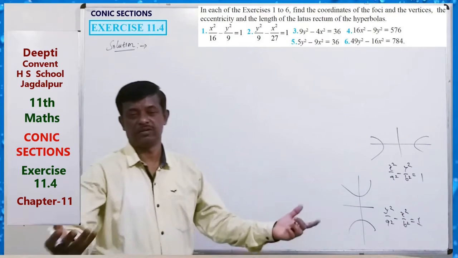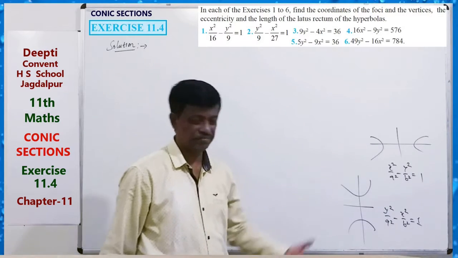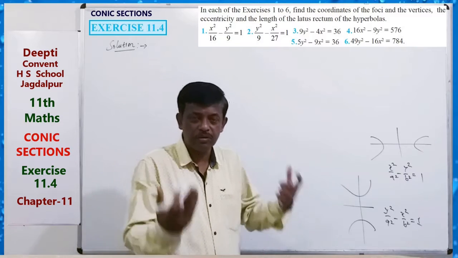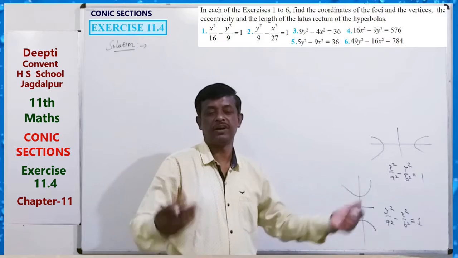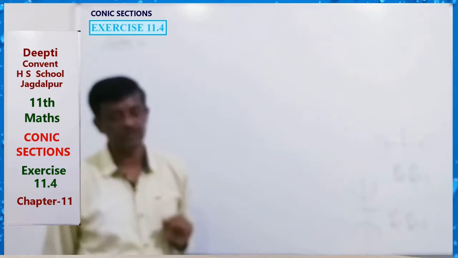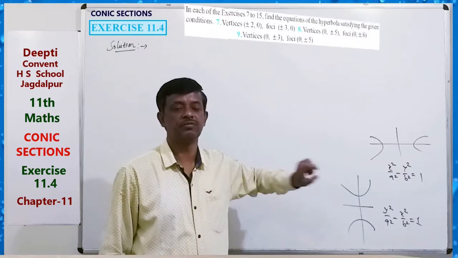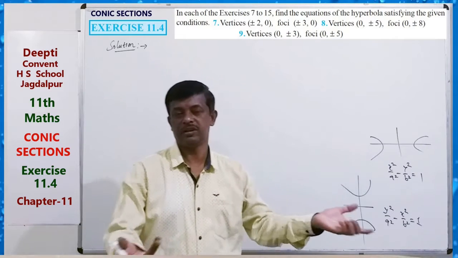These are the two formats of a hyperbola. By the given condition we have to decide whether the format will be this or this. Then find the values of a and b using the relation a square plus b square equals c square, and put them in the standard format to get the equation of the hyperbola.